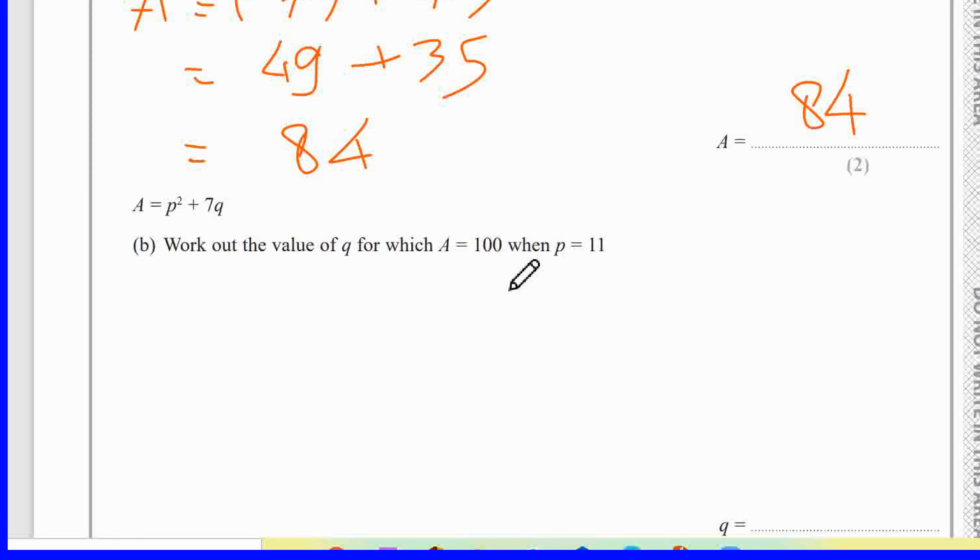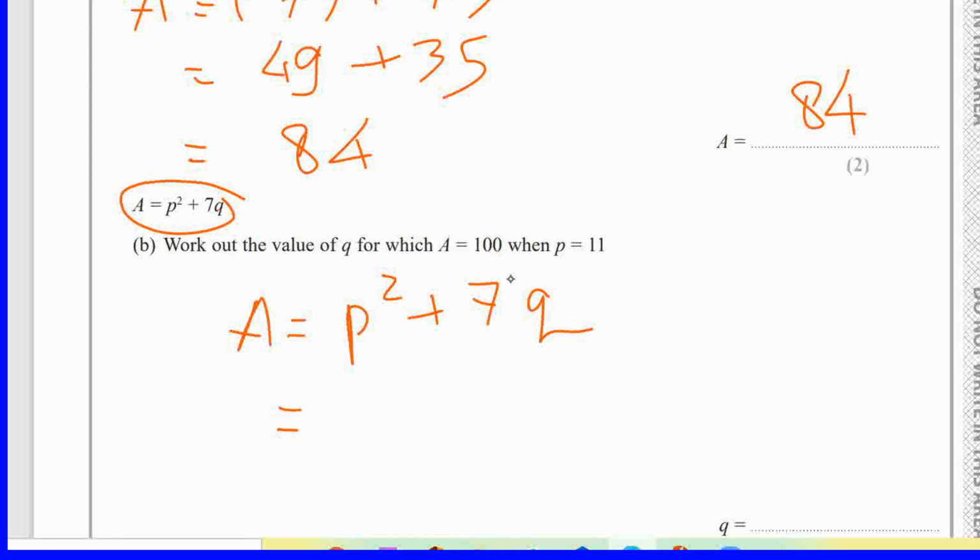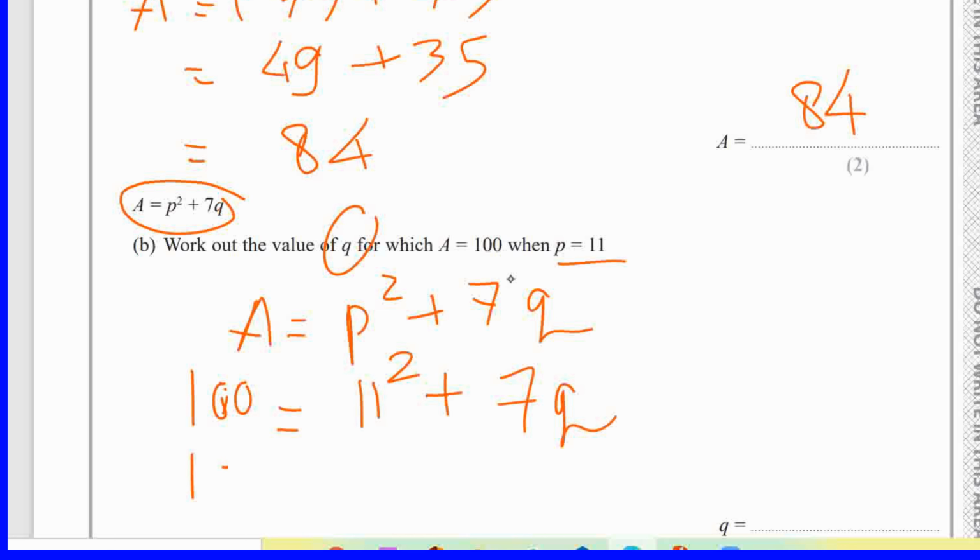Next, work out the value of q when a is 100 and p is 11. So a is 100, we want to find q. And p is 11 squared, so we get 100 equals 121 plus 7q.